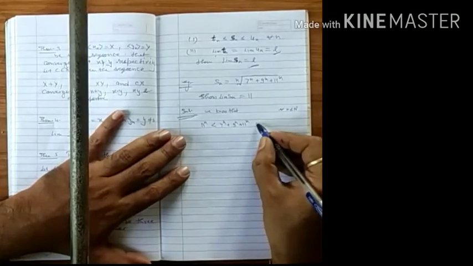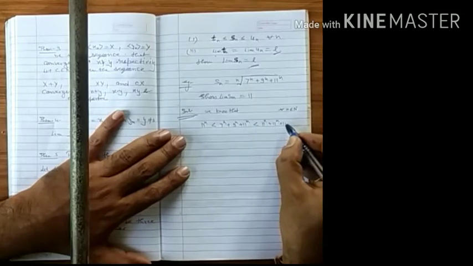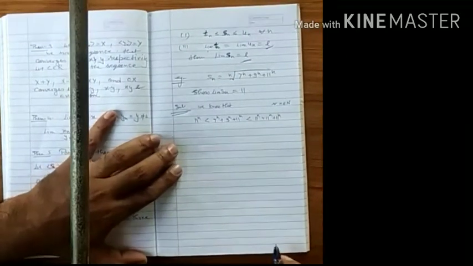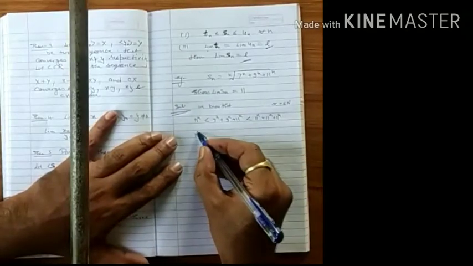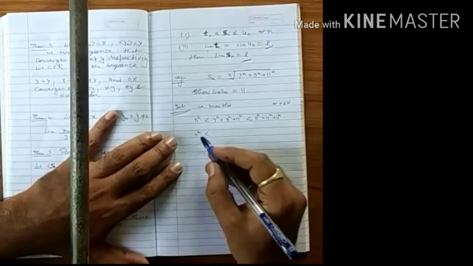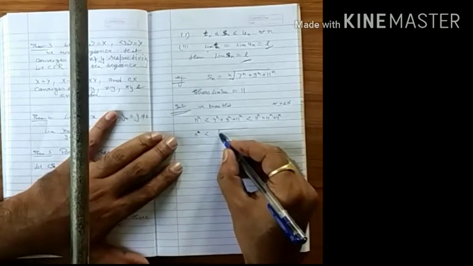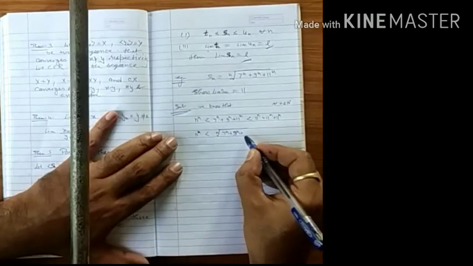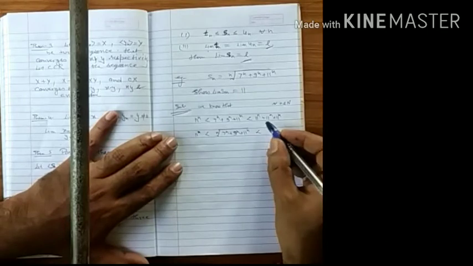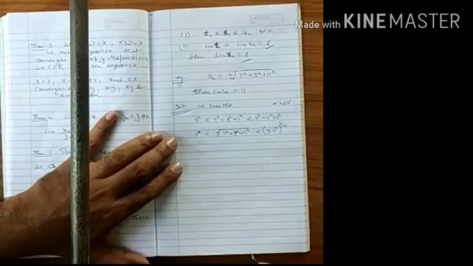And this is less than or equal to 11 to the power n plus 11 to the power n plus 11 to the power n by the inequality. Then we can write, taking the nth root, the nth root of 7 to the power n plus 9 to the power n plus 11 to the power n, and this is 3 times 11 to the power n, whole to the power 1 by n.